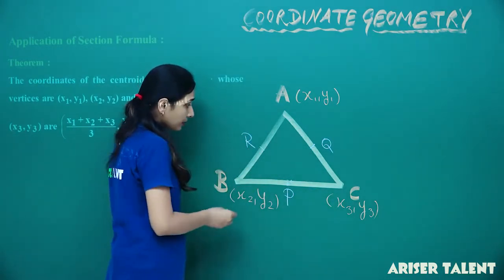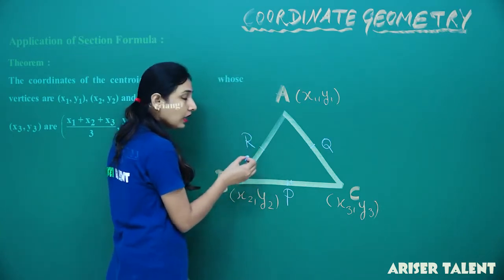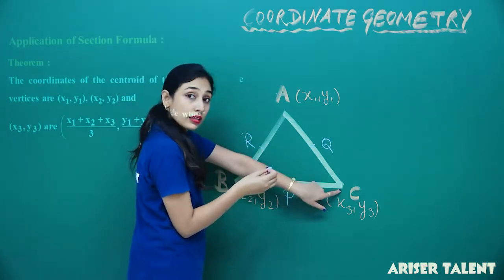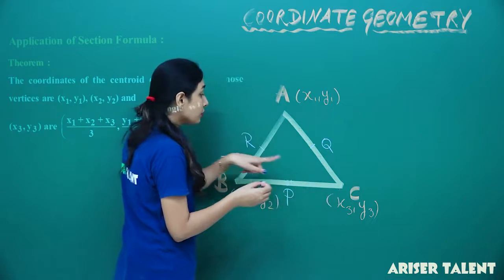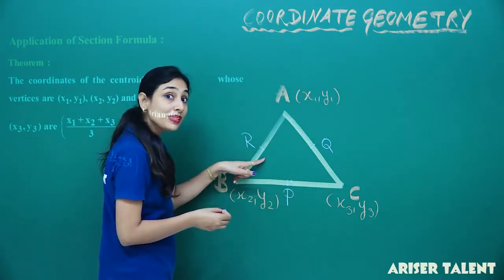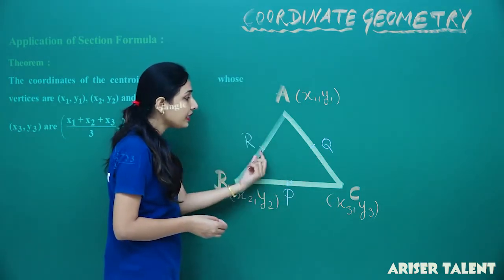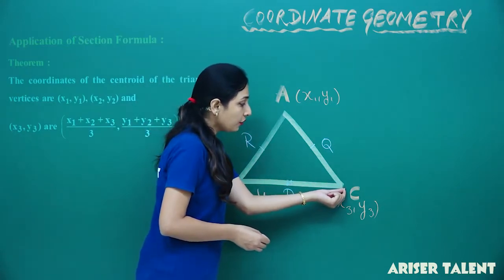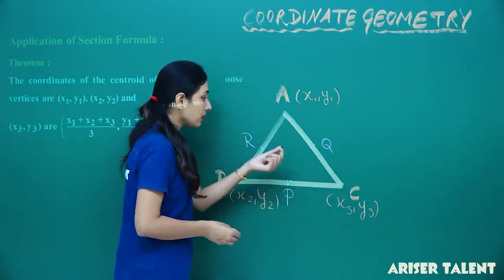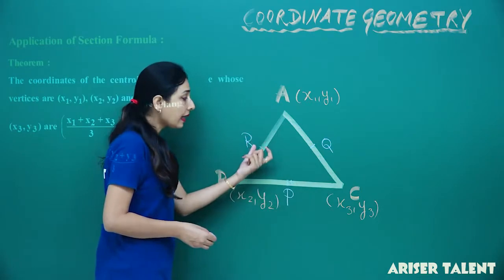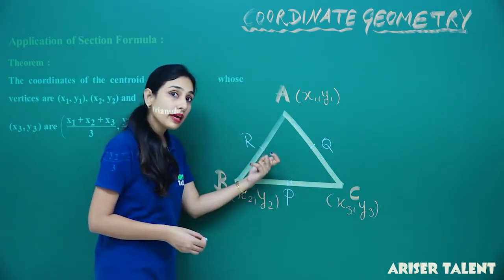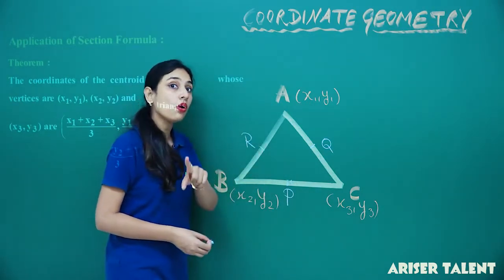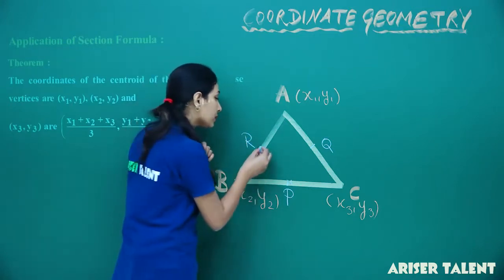If I join this point C to this point R, that is the median: the line which starts from a vertex, lies on the opposite side of the triangle and divides it into two equal halves.